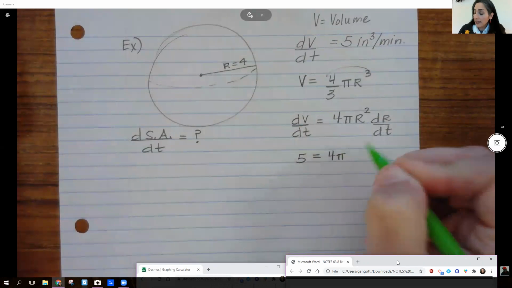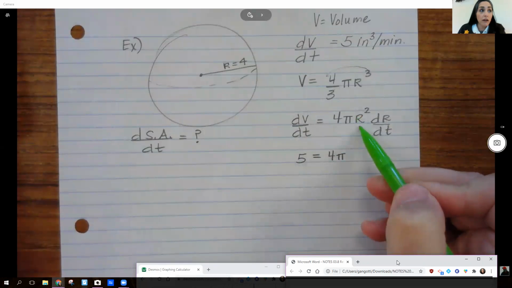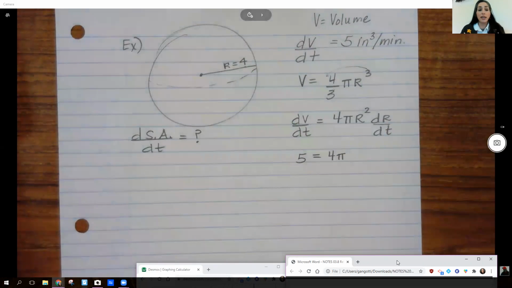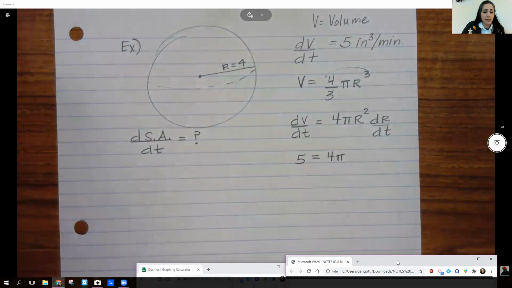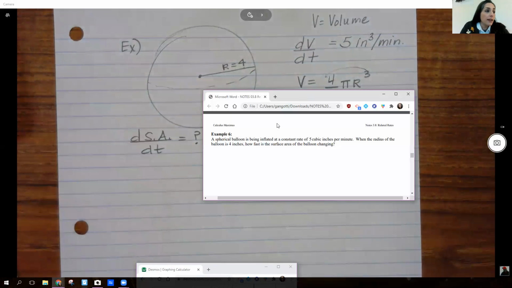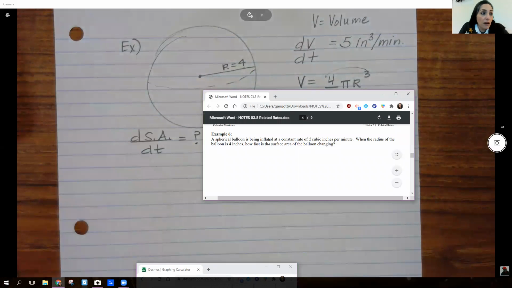4 pi. Now, this r right here, that's coming from this r equals 4, okay? Because we can, where's my example there? I got to drag this back up. So this says here that the volume is changing at a constant rate.